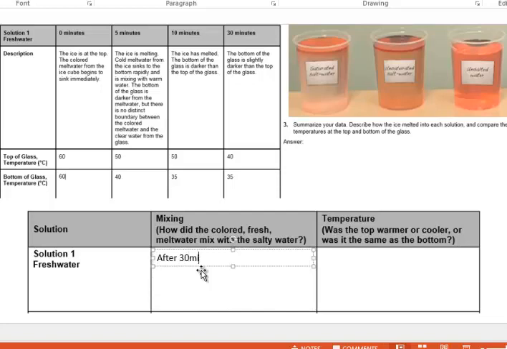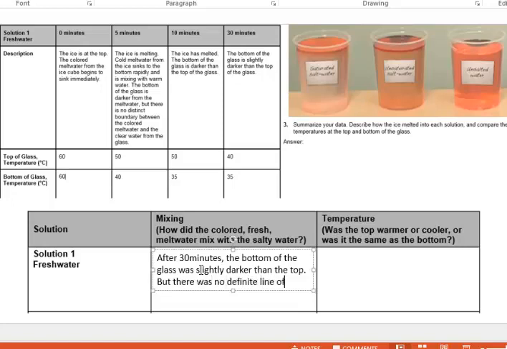After 30 minutes, the bottom of the glass was slightly darker than the top, but there was no definite line of separation.